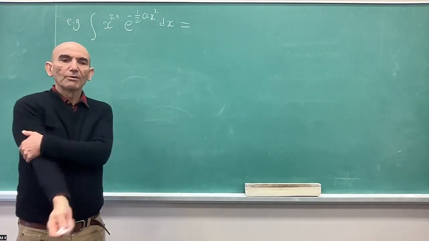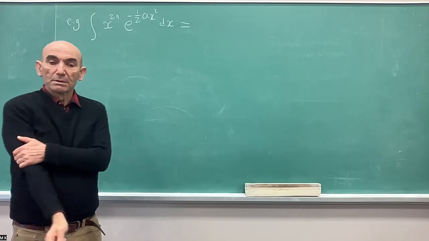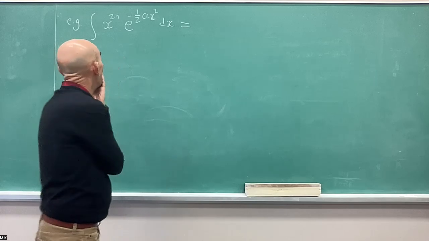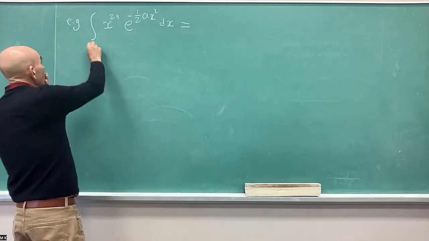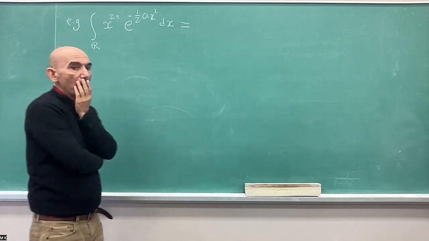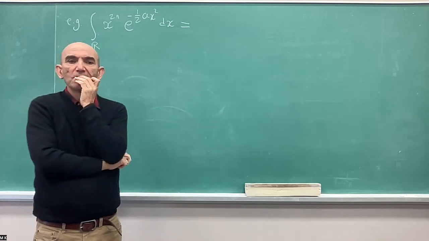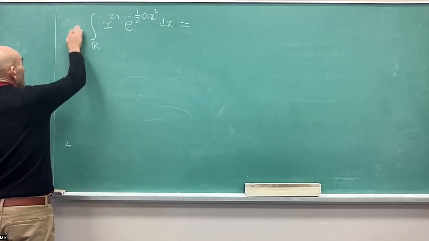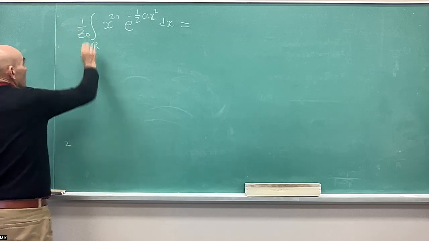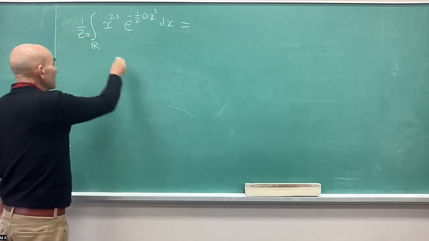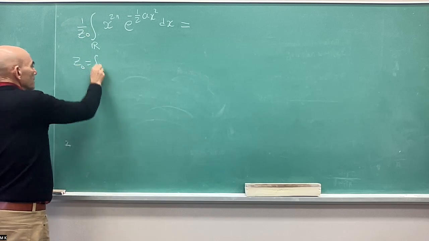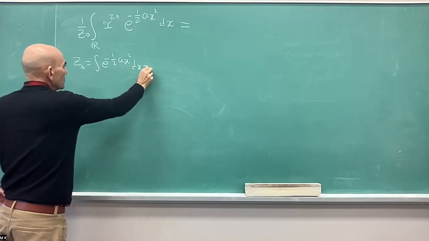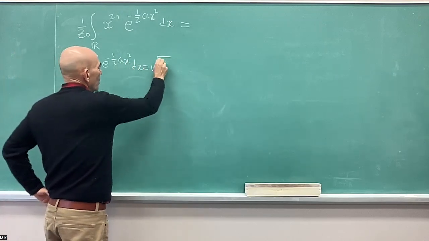Can you say what this is? We have to divide by that thing, multiplied by 1 over z0. Well, z0 in this case, of course, is the integral of e to the minus 1/2 a x squared dx, which is root 2 pi over a.